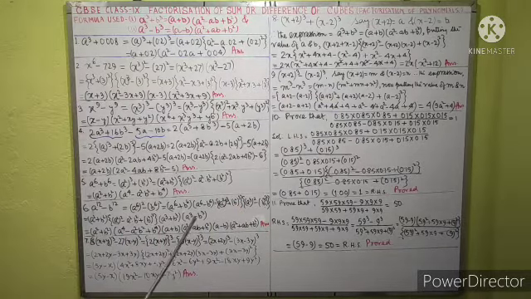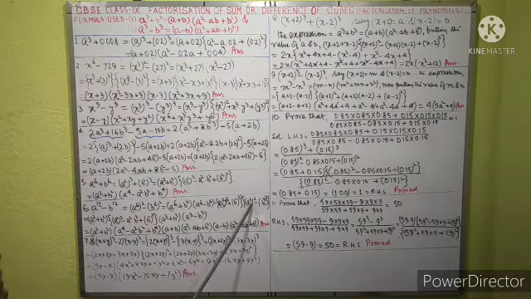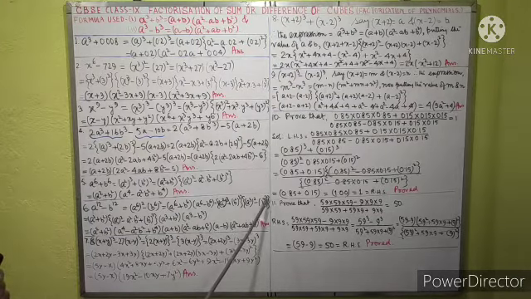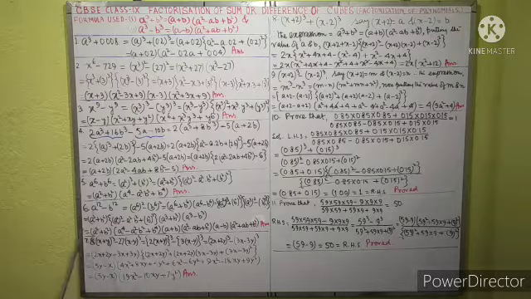It is a square whole cube plus b square whole cube, and this one, a to the power 6 minus b to the power 6, is broken down as a cube whole square minus b cube whole square. After breaking down, only writing the formula, here it is a, here it is b, so it is (a plus b)(a square minus ab plus b square), because this is plus, and it is a square minus b square, so (a plus b)(a minus b).